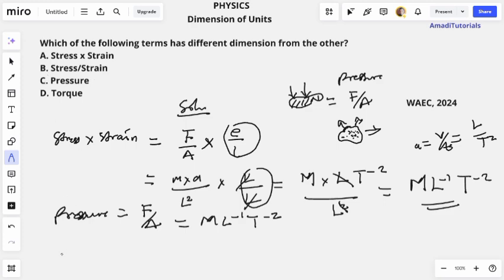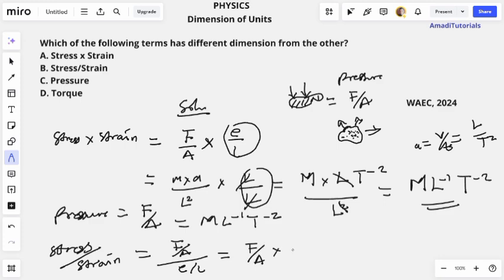So let's look at B. B says stress divided by strain. Now stress is what? Force over area, then divided by strain, which is extension over original length. Now, if you do your mathematics, division of fraction, this is F over A times L, that's original length, over extension.